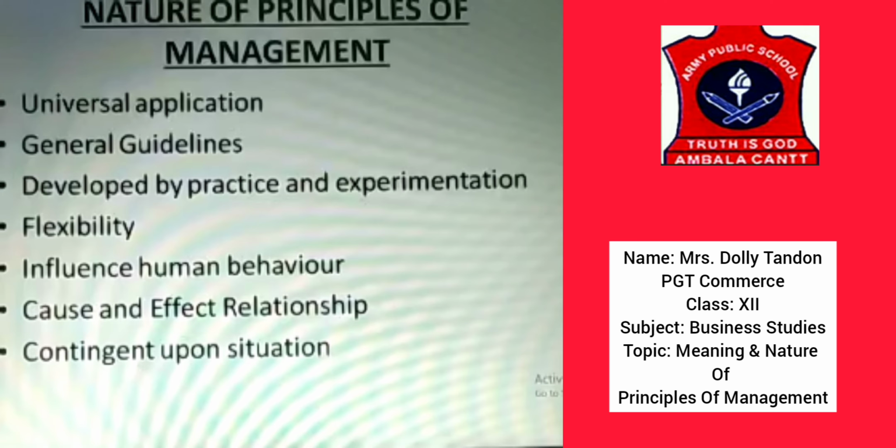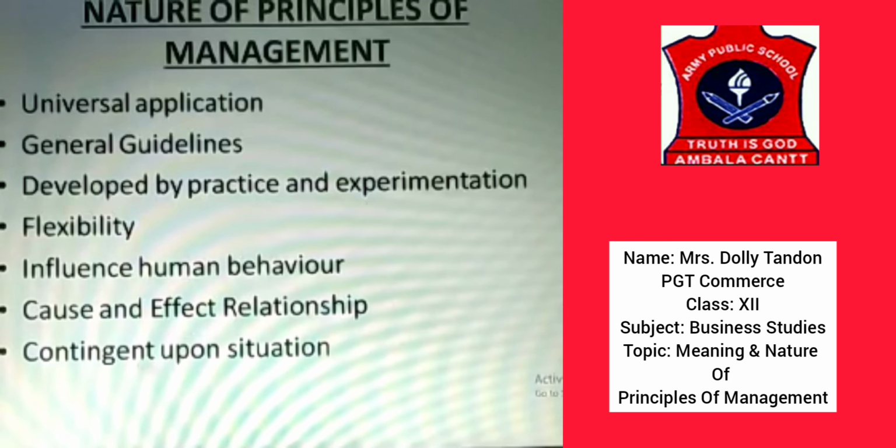I'm repeating once again. If we are saying principle of division of labor leads to specialization and increases efficiency, what is the cause here? Division of labor. And what is the effect? Efficiency.